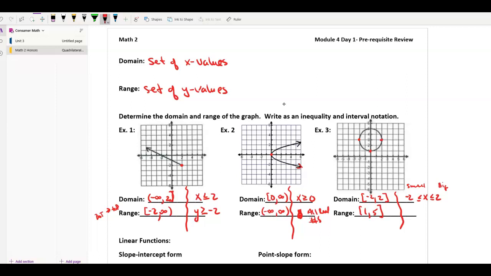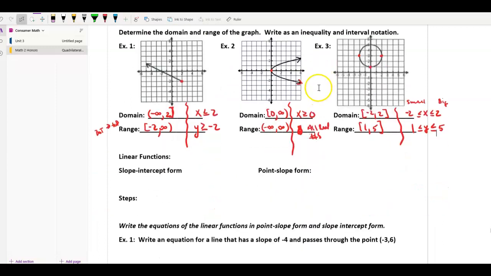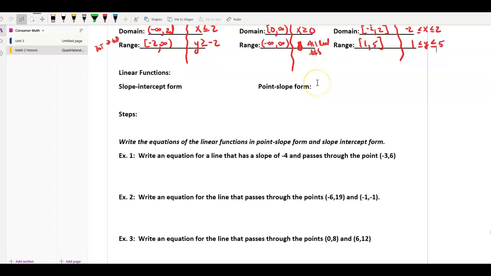So the inequality for that domain would be from -2 to 2. For the range, all my y values are greater than or equal to 1, less than or equal to 5. Okay, so this is a review of domain and range.